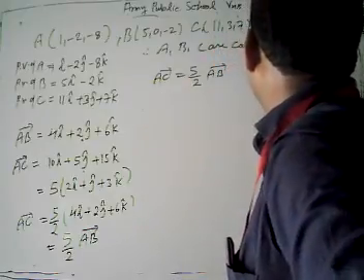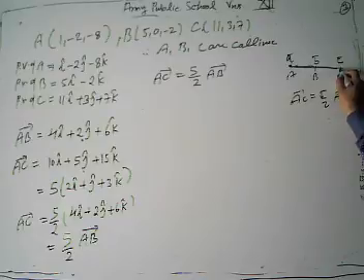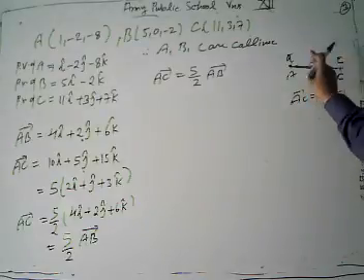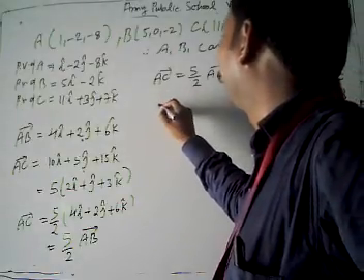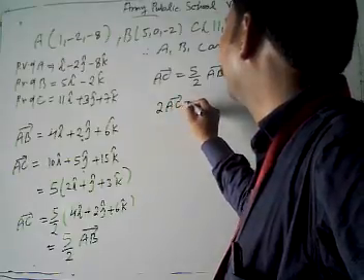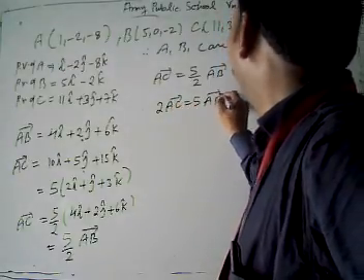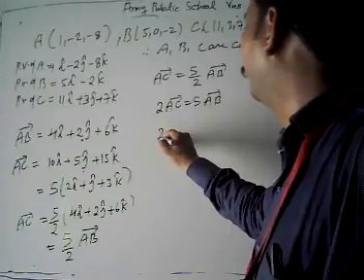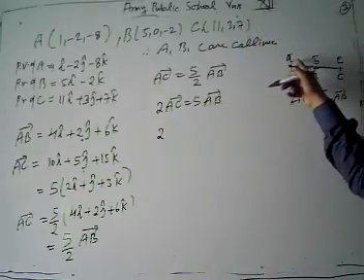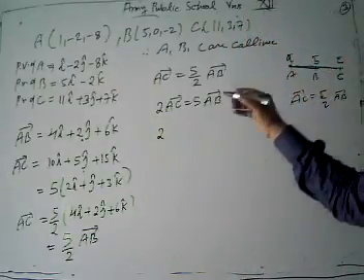How can we get this AC? Obviously, AC is C minus A. We can write 2 AC is equal to 5 AB. Now we can put it here by 2. If we take vector A, vector B, vector C, then we get C minus A.